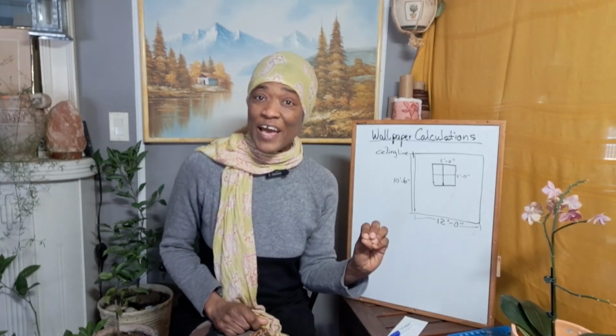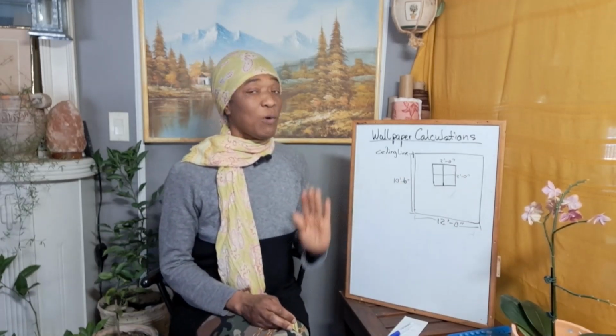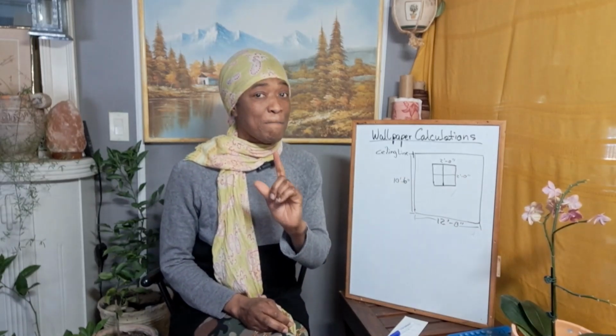I think there is a small detail that some people may need help with, and that detail is called pattern repeat. In this moment, we are going to go ahead and do another calculation, taking into consideration pattern repeat. Now I'm using the same wall. However, there's a minute change to the wall.